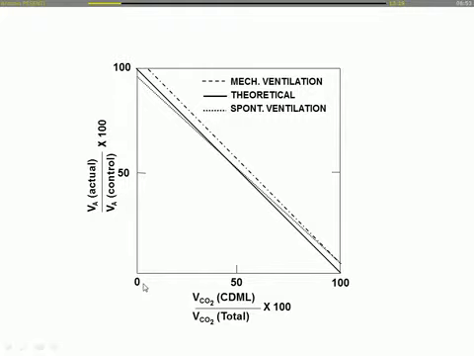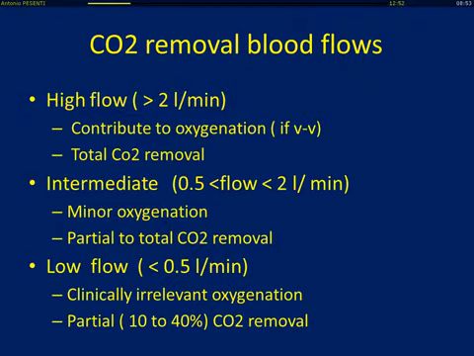That is, if we remove 50% of CO2, we can ventilate 50%. If we remove 75% of the CO2 produced every minute, we can ventilate 25%. That's a good thing. But instead of ventilating 15 liters per minute, we can ventilate 3 liters per minute, even 0 liters per minute. And obviously, if we have no ventilation, we have no ventilator-induced lung injury.